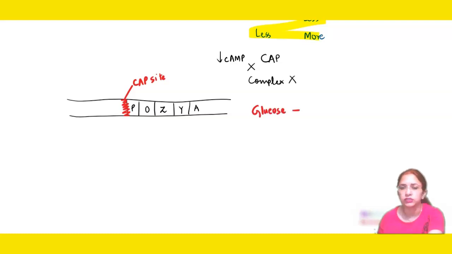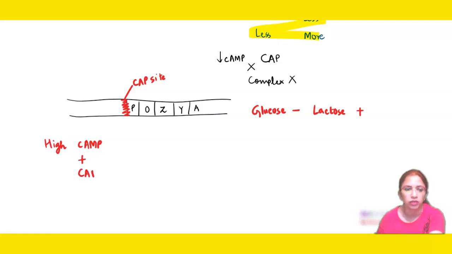Glucose is not present, negative means not present, whereas lactose is present. In this case, because glucose is not present, the cyclic AMP concentration will be very high. As I said, the glucose concentration defines the cyclic AMP concentration. So if glucose is not there, the level of cyclic AMP will be very high.